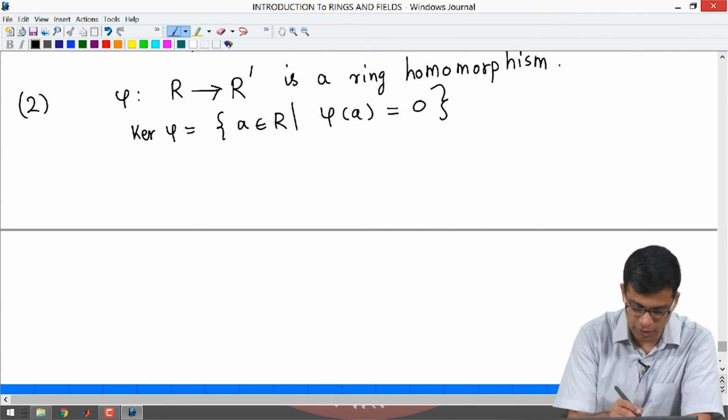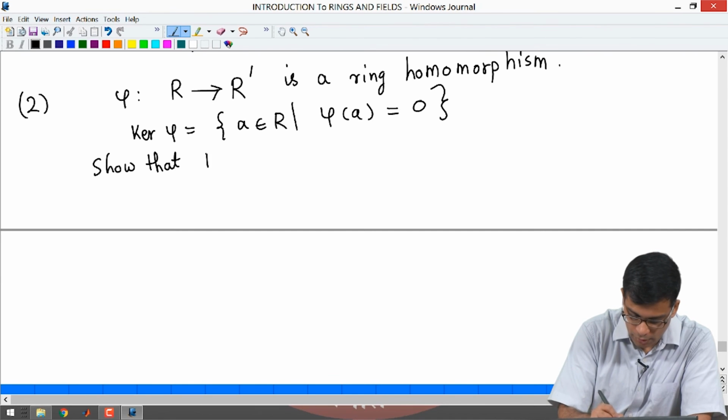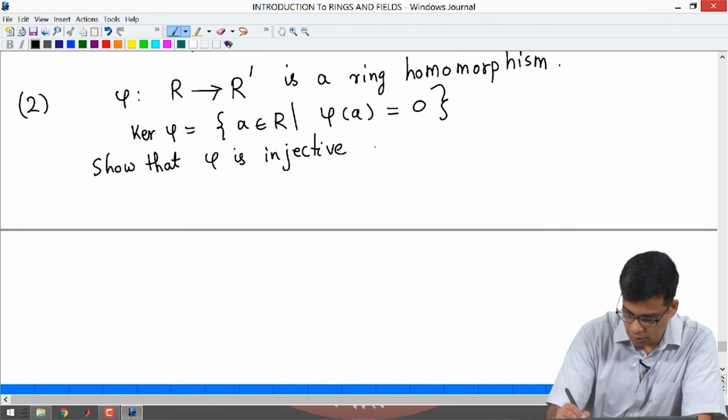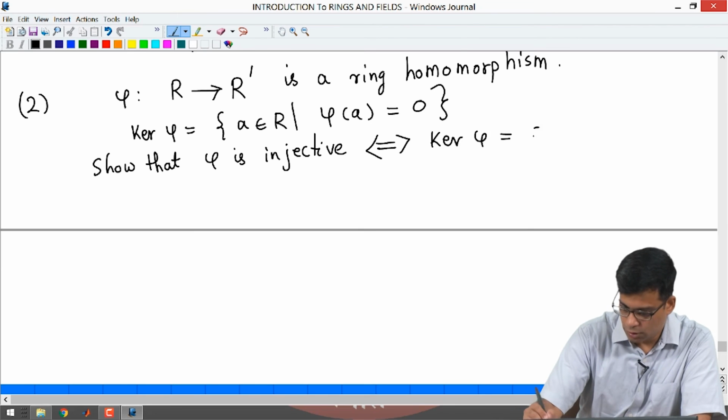The problem here is to show that phi is injective if and only if kernel phi is 0.